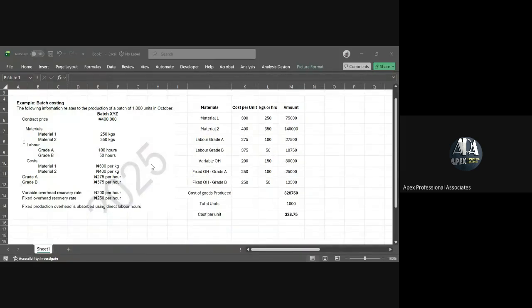Do you understand? By the time you received the batch order for 1,000 units, there will be an account created for it, for batch XYZ. All these materials that are used will be debited into that batch account. Labor will be debited into that batch account. Are you following?